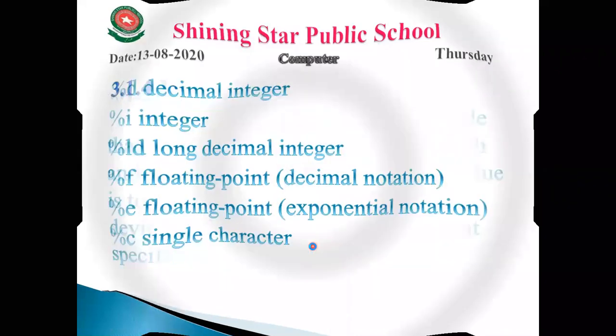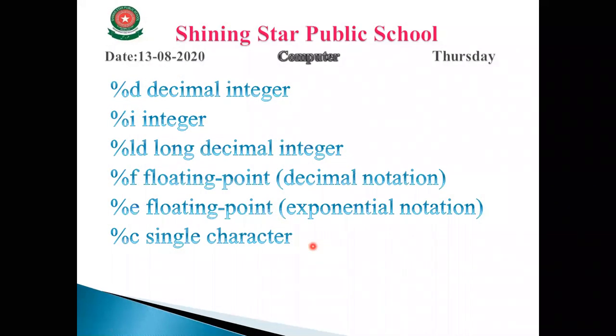The commonly used format specifier is %d. %d is used for the decimal integers. And %i is used for the integers. %ld is used for the long decimal integers. %f is used for the floating point. %e is used for the floating point.